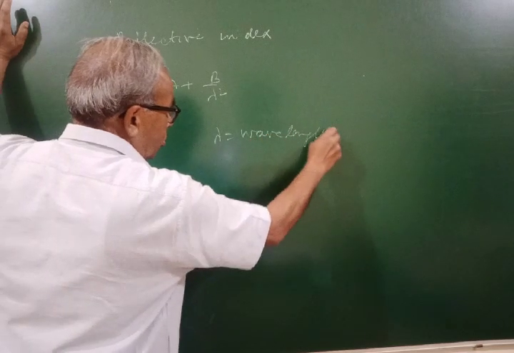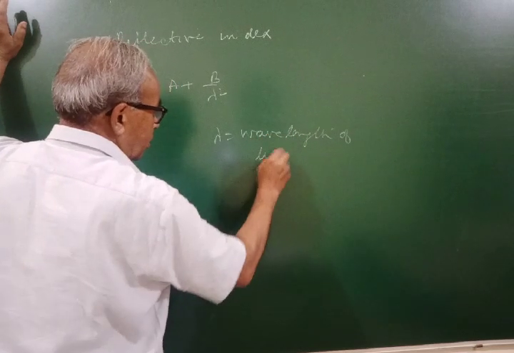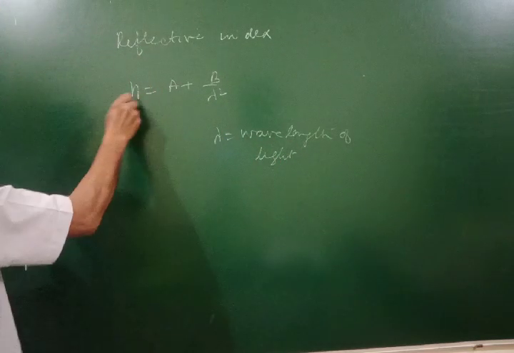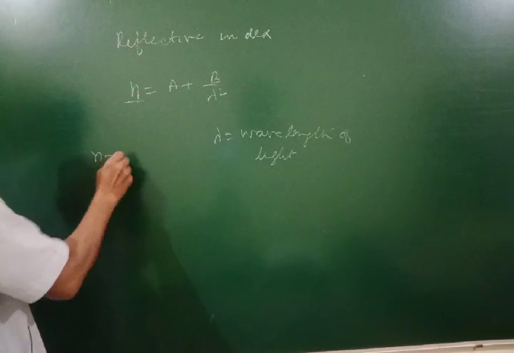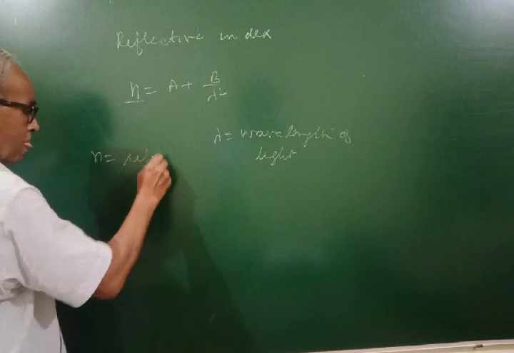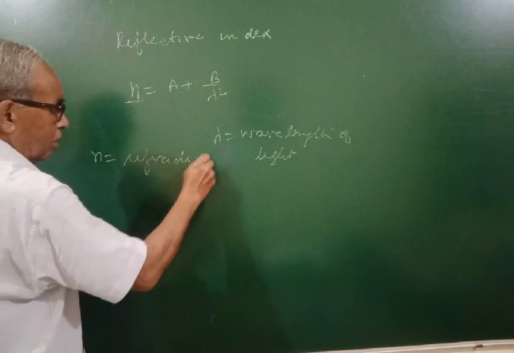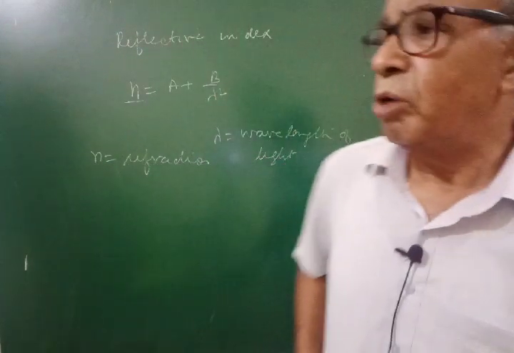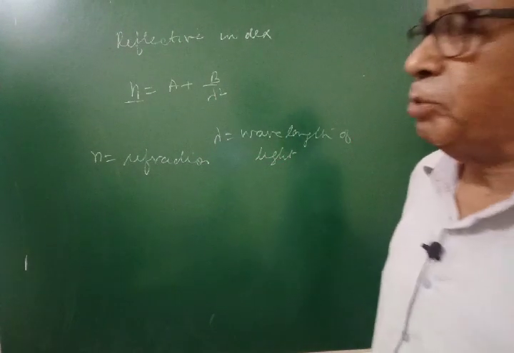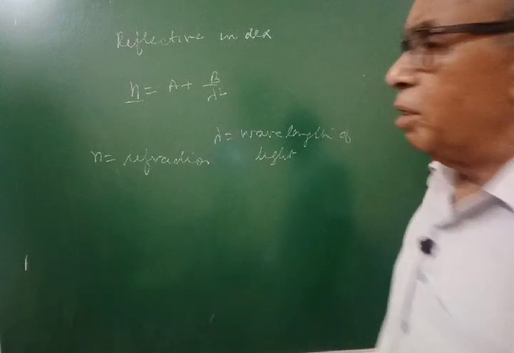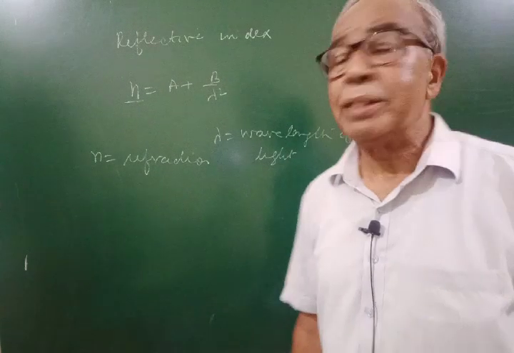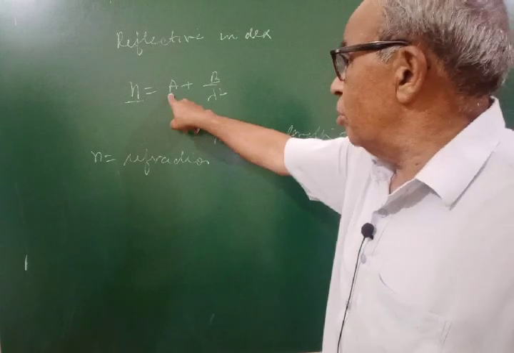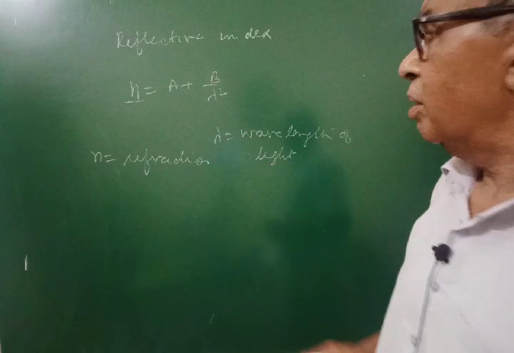You know what refractive index is? In class 10, you are told the refractive index of a material is equal to the speed of light in vacuum upon the speed of light in the medium. Speed divided by speed becomes dimensionless. So what are you asked here? The dimensions of A and B.